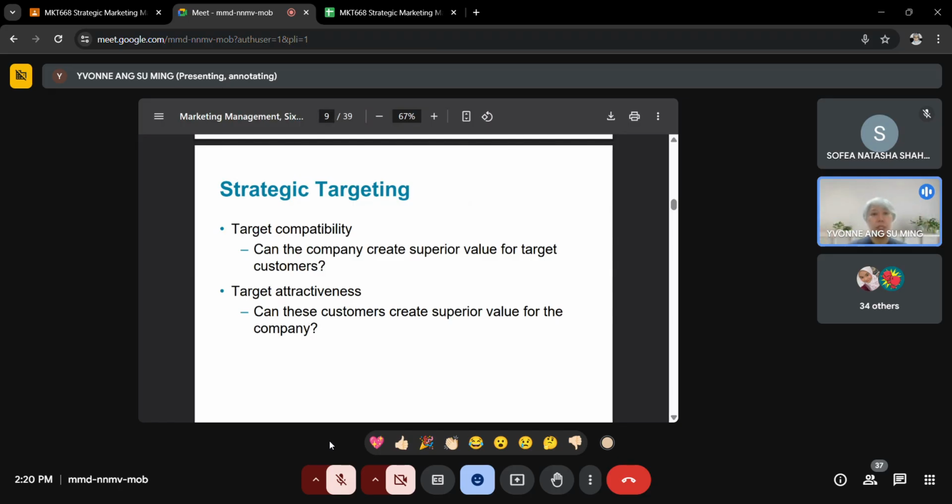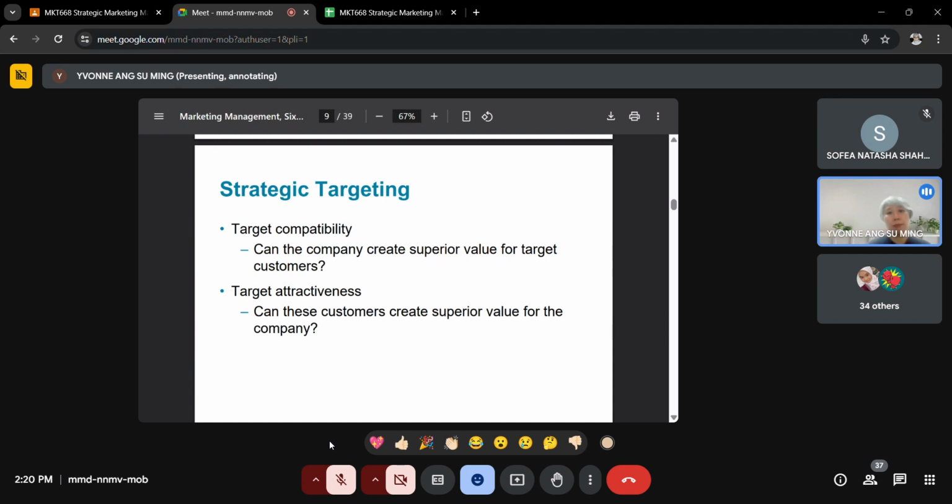Okay, when they're thinking about strategic targeting, dia nak pilih tu, masa nak memilih tu, how do they actually think about it? So they use two criteria. One is the target's compatibility, and the other criteria they use is the target punya attractiveness.